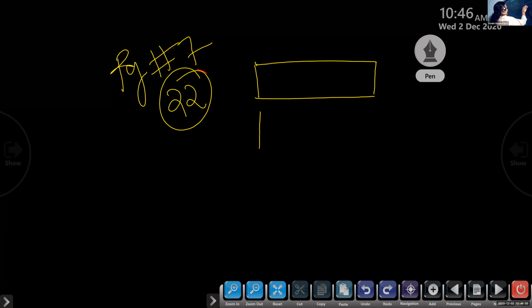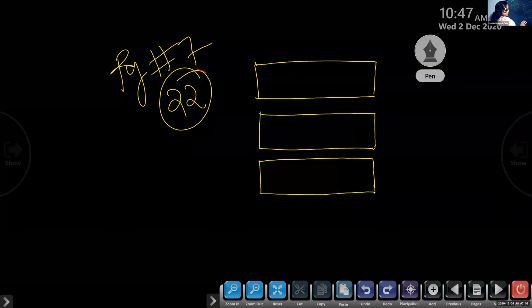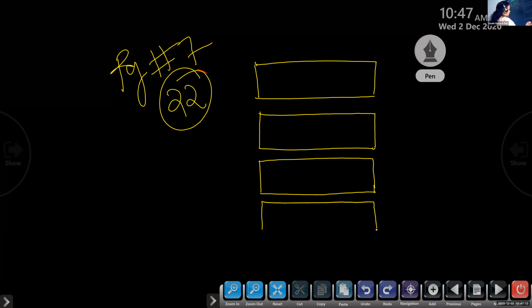All rectangles, children, you have to draw the same length, the same size. Draw neatly. We will now discuss, and you can do this as homework.